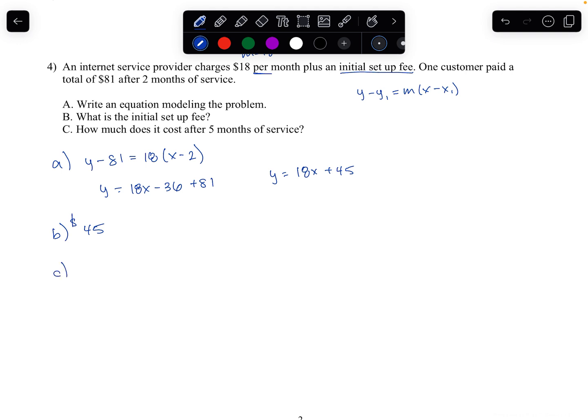So for C, we'll say y is equal to, so it's $18 per month, and we want it for 5 months, plus the initial setup fee, which was 45. Okay, so 18 times 5, let me get that. That's going to be equal to $90, plus the initial setup, so plus 45, and that's equal to $135. There you go.